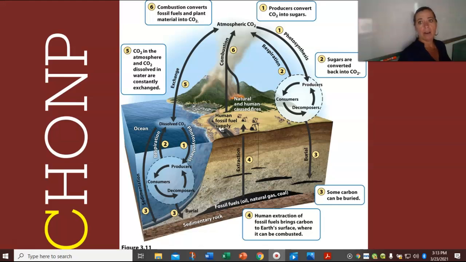Now remember, phytoplankton or plant plankton is also going to do photosynthesis. So phytoplankton will also fix carbon dioxide from the atmosphere into organic molecules like sugars, and then zooplankton eat the plant plankton or the phytoplankton, and then larger fish eat that, okay?